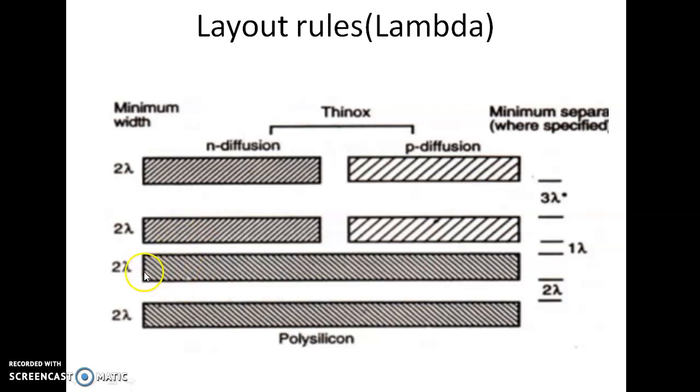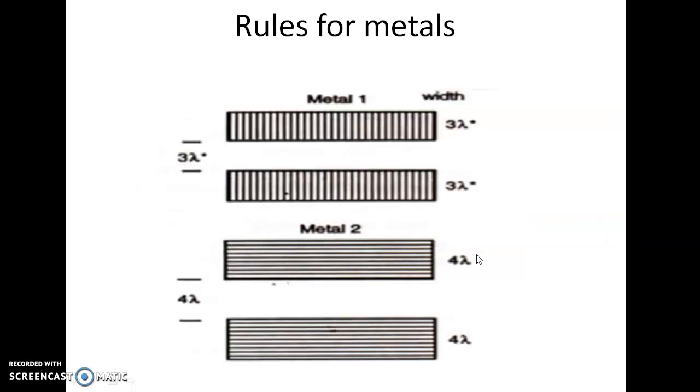So this also has minimum width 2 lambda, and poly to poly minimum separation is 2 lambda. So this is N diffusion, this is P diffusion. P diffusion to P diffusion is 3 lambda, and polysilicon to polysilicon separation is 2 lambda. Diffusion to polysilicon is 1 lambda. So these are all the rules.